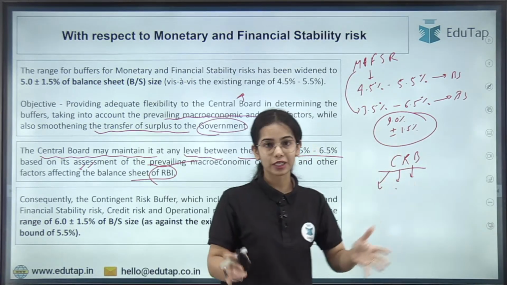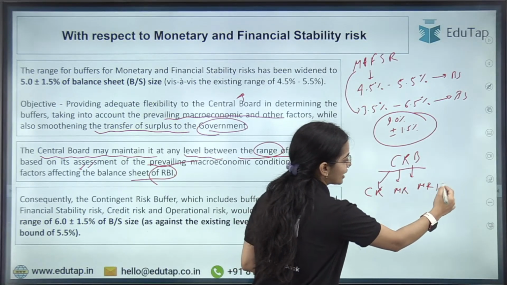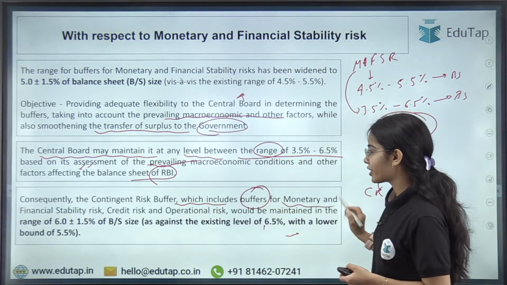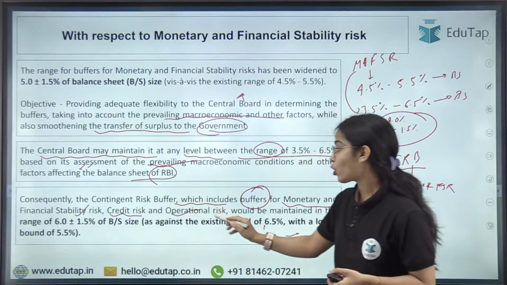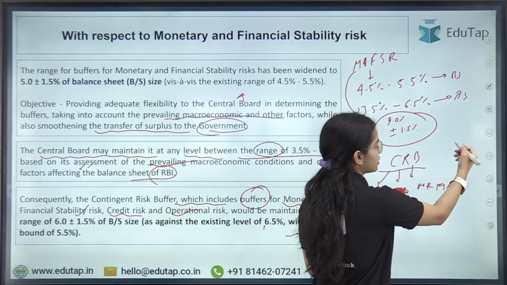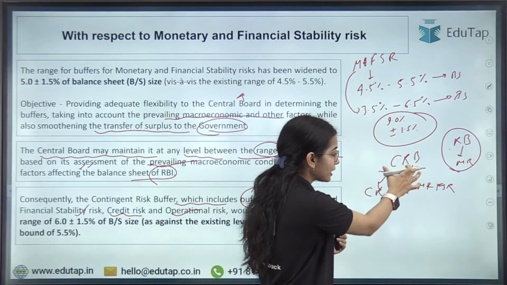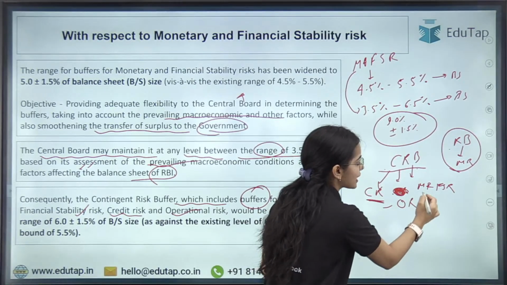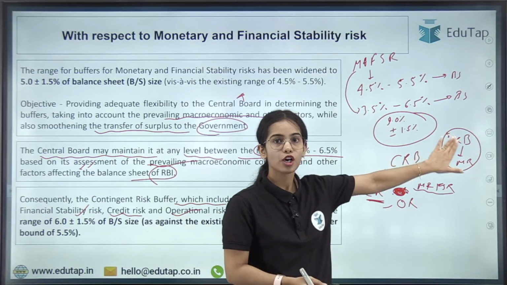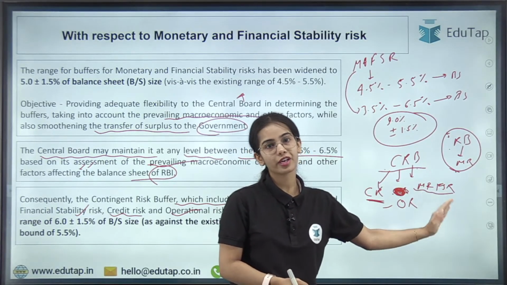This is for all the other kinds of risk: the credit risk, operational risk, and the monetary and financial stability risk. Market risk is not here, because you know that the revaluation balances provide for the market risk, right? So remember that the revaluation balances are the buffers for the market risk, while the contingent risk buffer is the buffer for the credit risk, operational risk and monetary and financial stability risk.